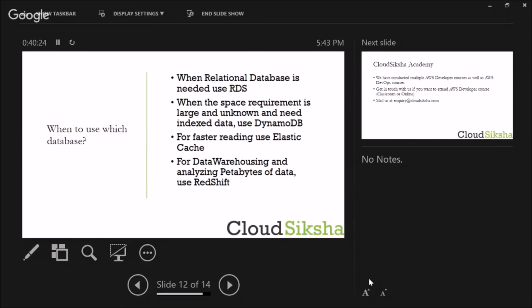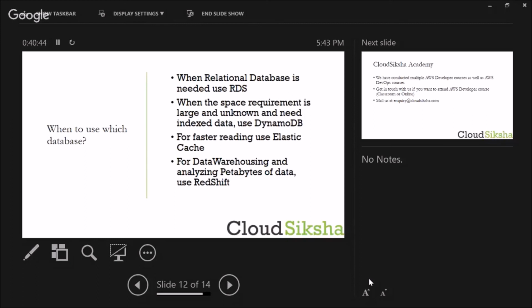So these are some of the important points that I wanted to talk to you about as far as databases are concerned. Of course, within the short time, I couldn't cover every single inch of the databases. What I covered are some of the key points that you need to look at.